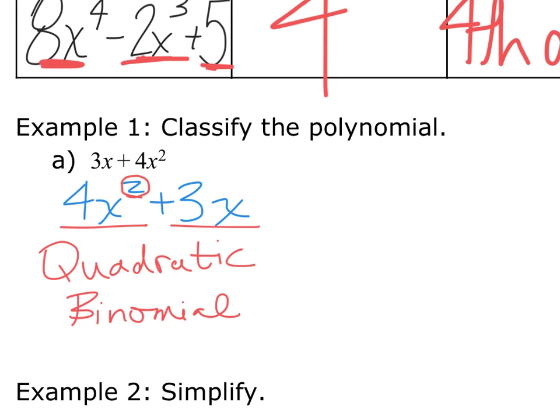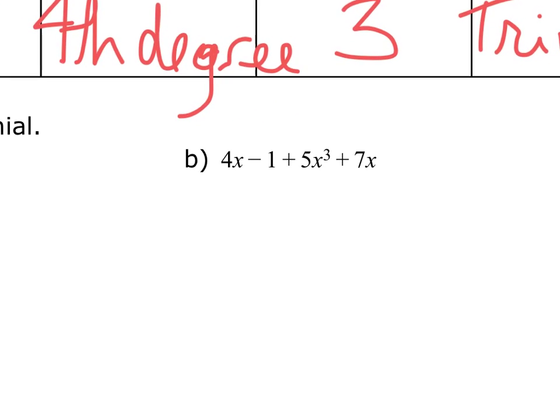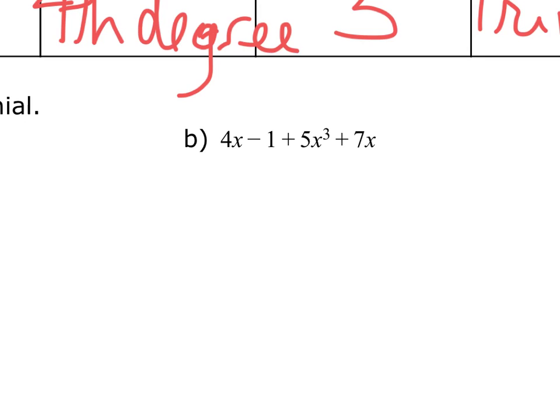All right, let's try example 1b. We have 4x minus 1 plus 5x cubed plus 7x. I want you to write this in standard form and then classify it.